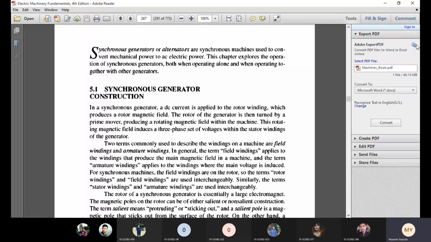Now, if these three phase terminals are connected to a three-phase load, they can provide three-phase currents. Okay.